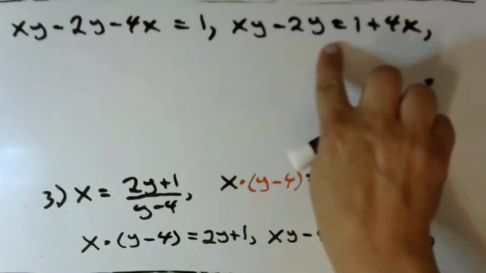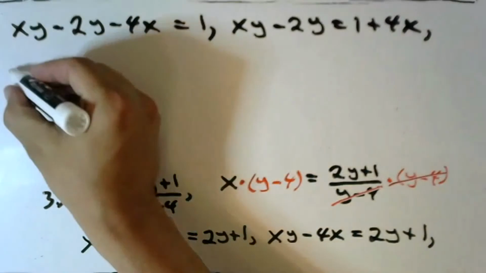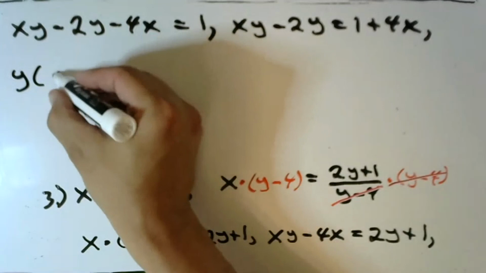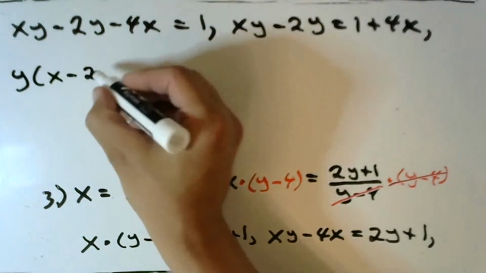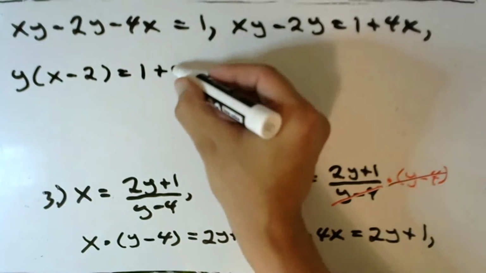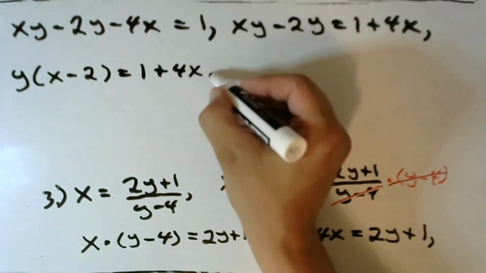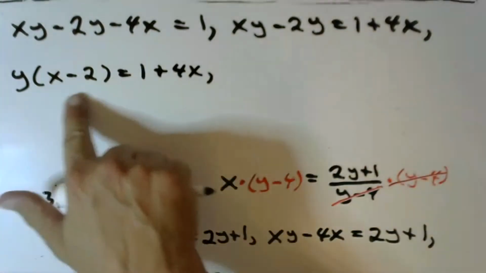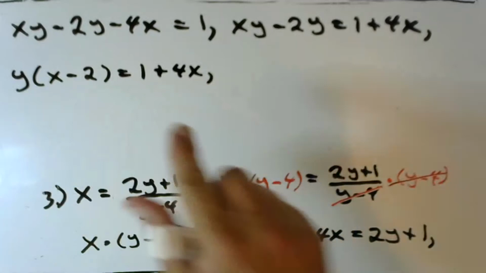And then factor out y here. And then divide both sides by x minus 2.